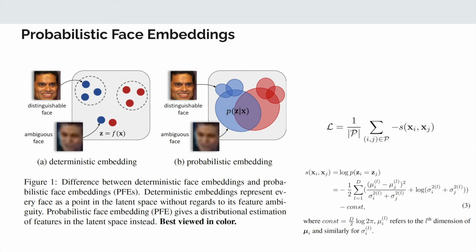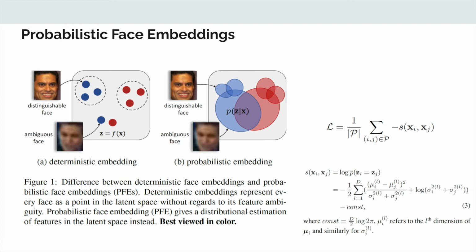The blurry image will have a larger sigma, whereas the distinguishable image will have a smaller sigma. The mean of the distribution will be the embedding learned by the person re-identification model. We use the same training set for the re-identification and uncertainty model. And we don't need to label any training data for the uncertainty module, which is good. The uncertainty module is a network with two fully connected layers, which shares the same input of the bottleneck layer.